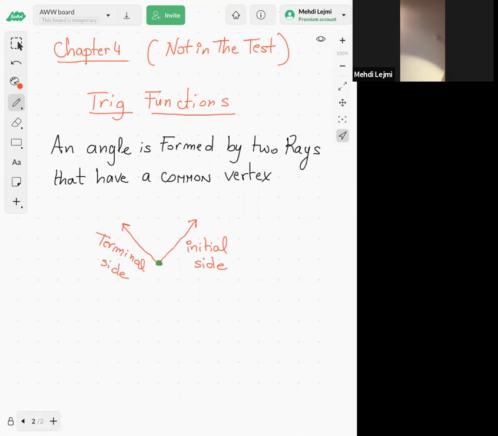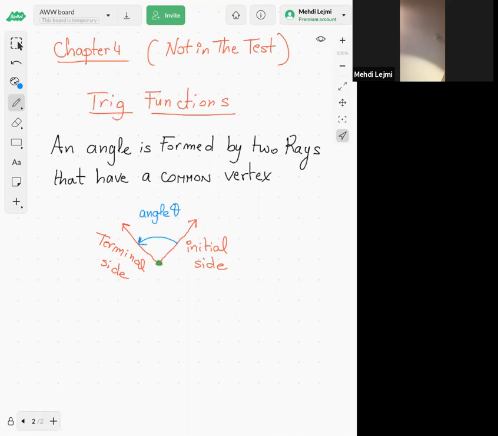Now when you go from the initial side to the terminal side, you get your angle, what I call the angle theta.